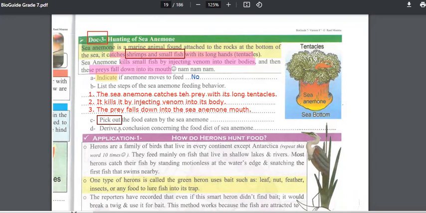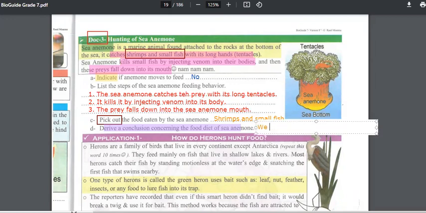Part D, derive a conclusion concerning the food diet of the sea anemone. It is a conclusion. So do we justify? No, we do not justify, but we need to start our answer with we conclude that. Okay, so right here, shrimps and small fish are kinds of food eaten by the sea anemone.